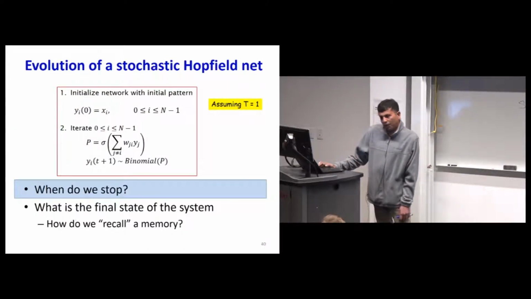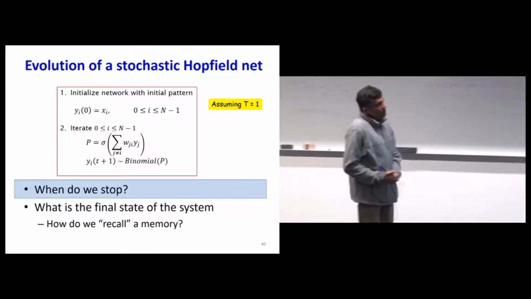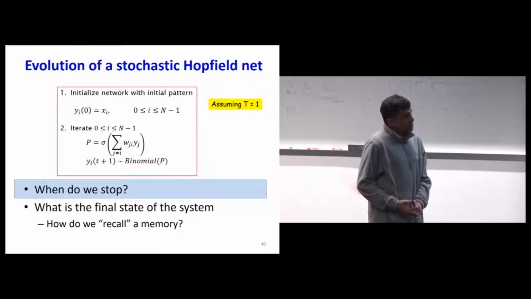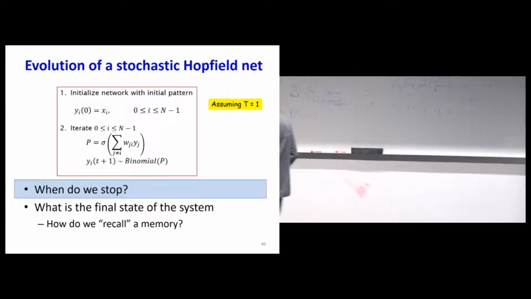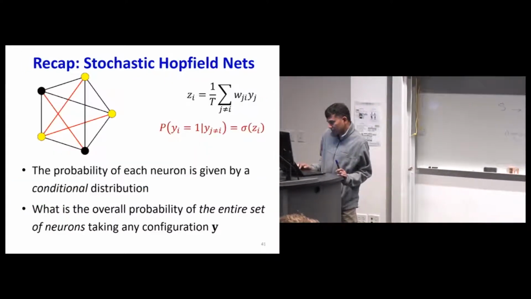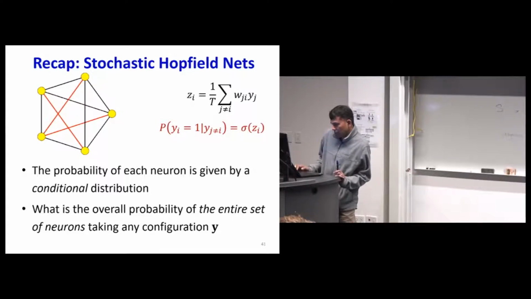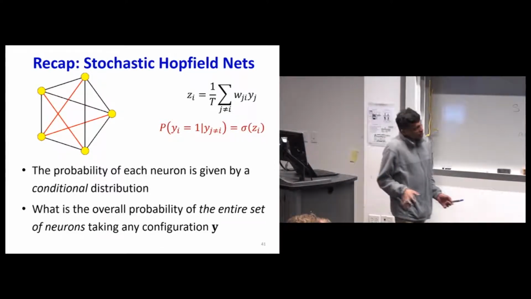So now, we spoke of letting the network evolve, but how do we know that it's actually arrived at some kind of a stable state? Maybe it's time to sample the output? And for that, of course, we have to go back and look at the probability distribution.